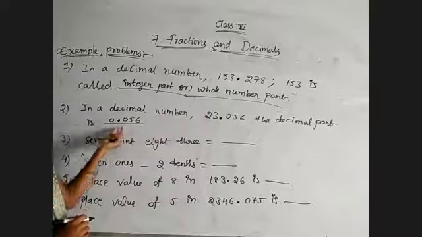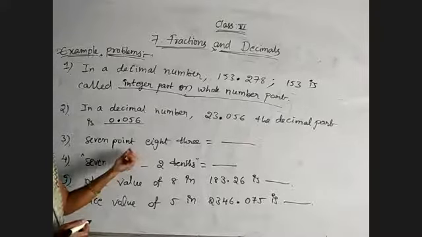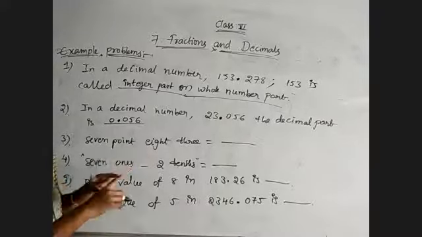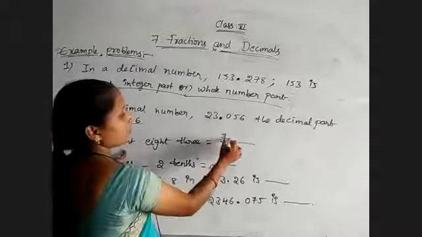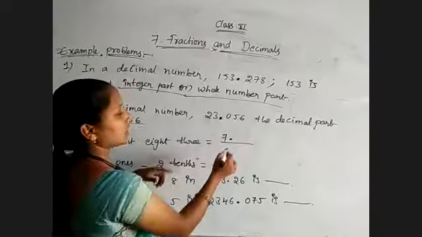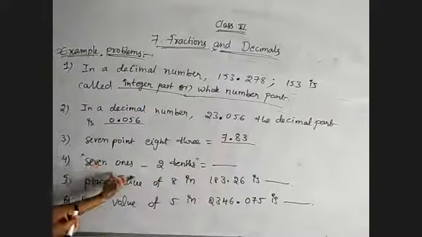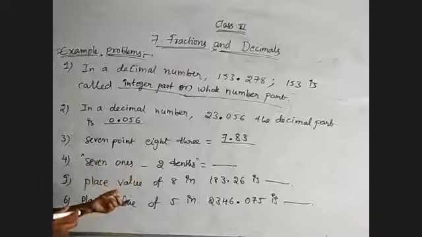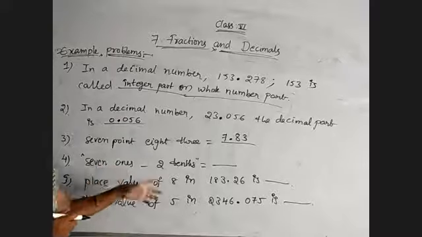So 0.056 and 7.83. They are given in words, we must write in numbers. 7.83. That's it. And this is also given in words, we must write in numerical value. 7 ones, 2 tenths.